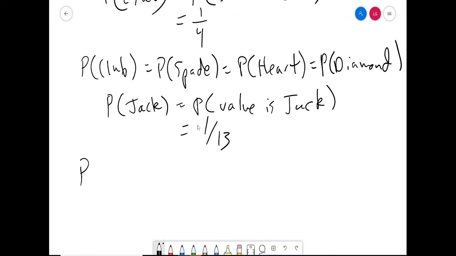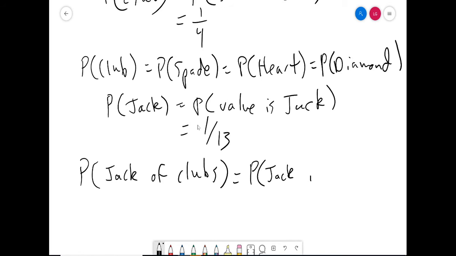So we can talk about the probability that on your draw you get the jack of clubs. There's one way to think about this which says list out the 52 cards and look for the jack of clubs. There's only one, so it's 1 out of 52. Another way of thinking about this is that this is the probability of a jack and a club.